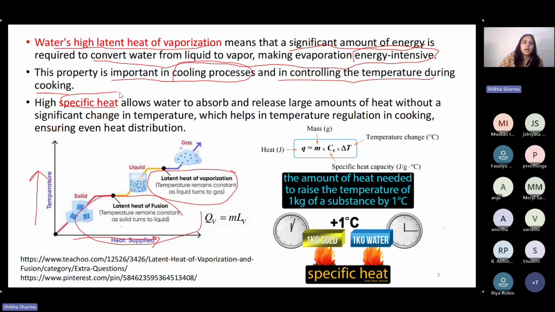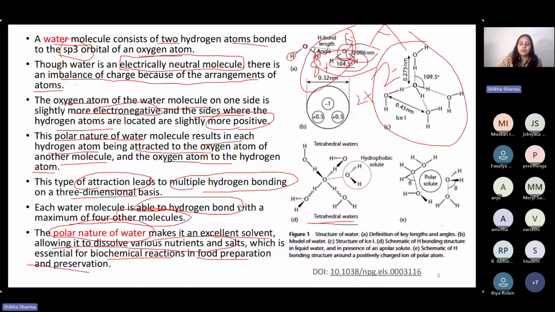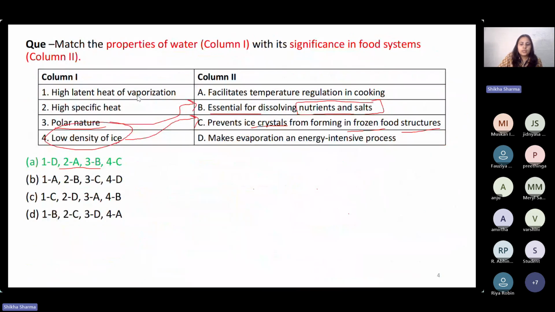Specific heat is related to change in temperature, whereas latent heat is related to change in phase. So here, in the options, latent heat of vaporization is related to making evaporation an energy-intensive process.